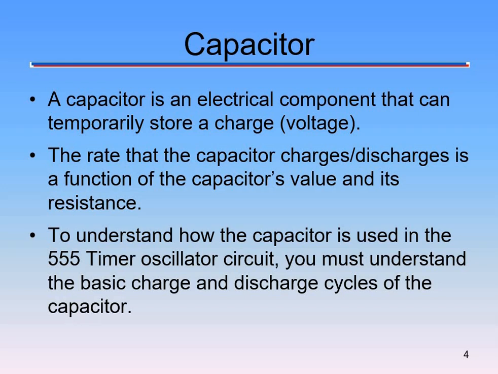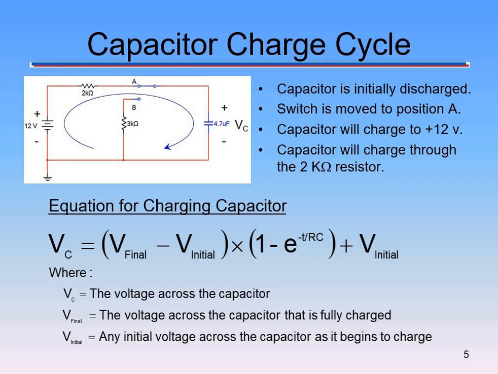We're not talking 5 seconds to charge and discharge, but 5 time constants, and that time constant is specific to the resistor-capacitor circuit that you create. We're going to get more into that in the advanced circuits course, where we'll solve a whole bunch of circuits involving a resistor and capacitor, but this is just a brief understanding. We're going to start understanding the basics of a capacitor charging and discharging.